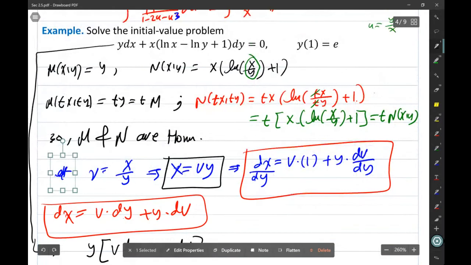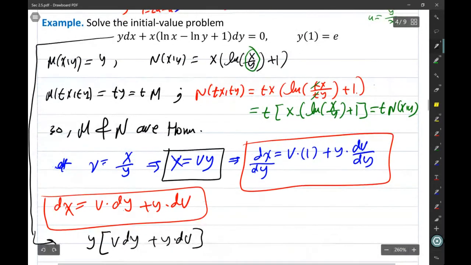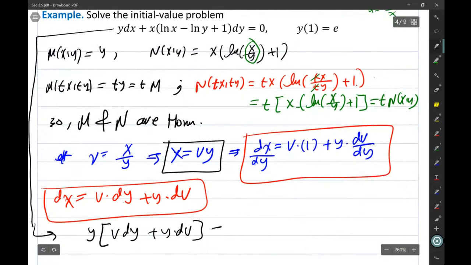This is dx here. Plus x, which is vy, times ln of x divided by y, which is v, plus 1, times dy is equal to 0.